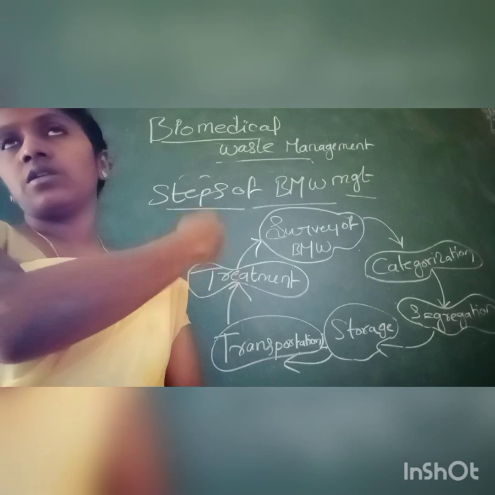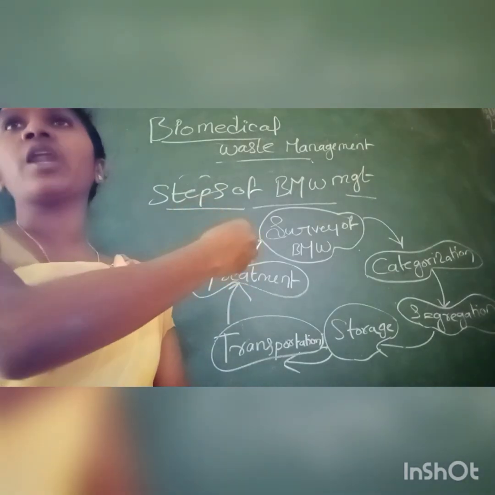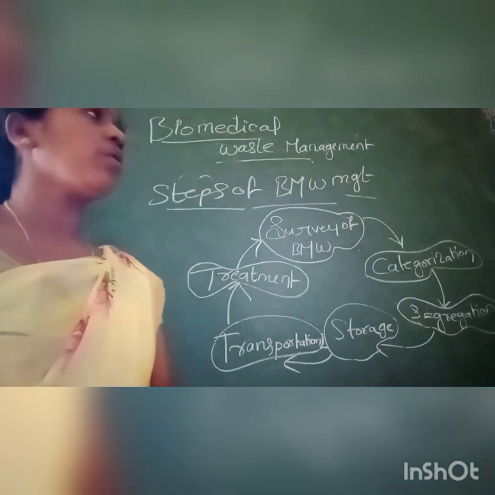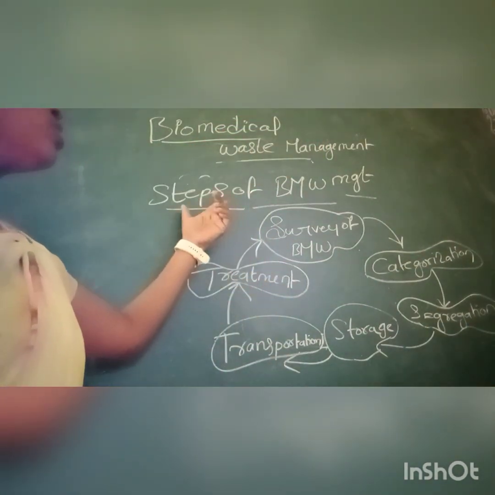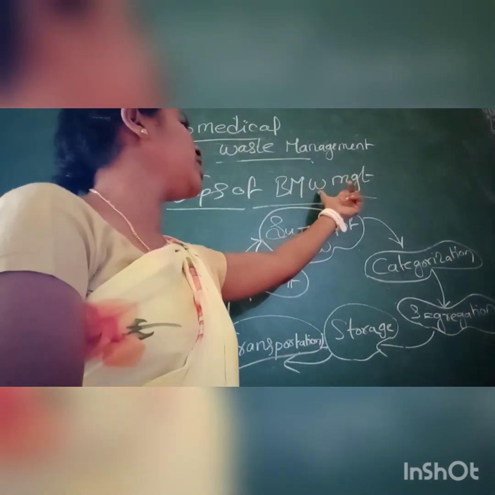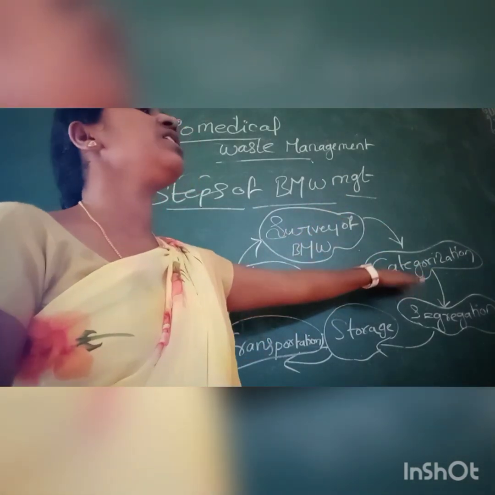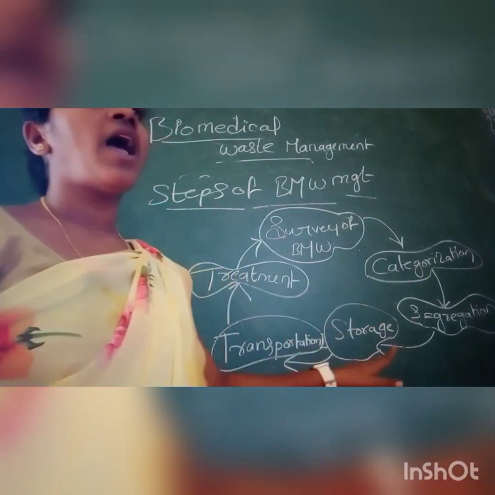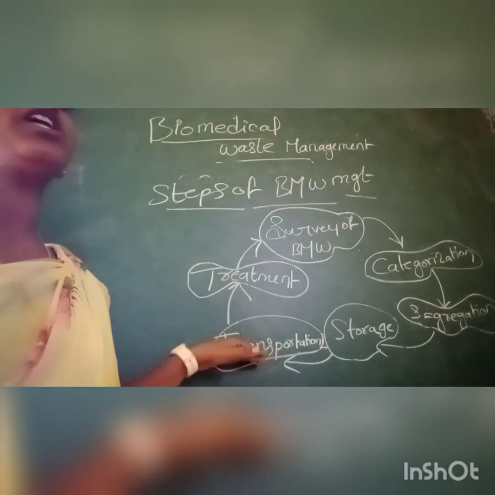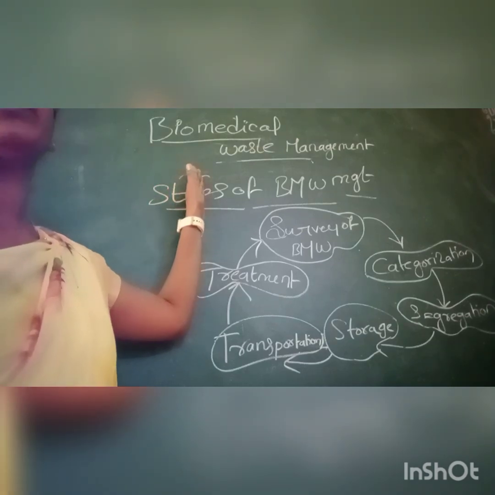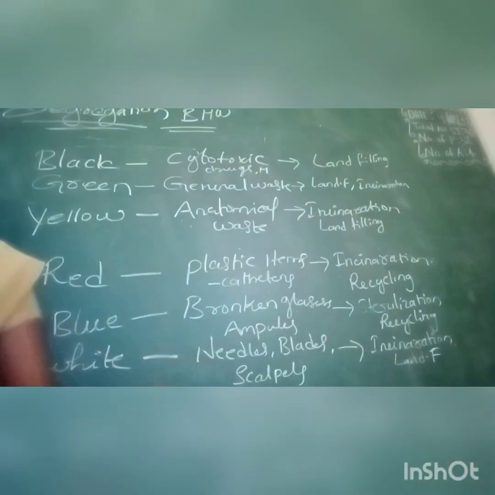I will discuss later which material goes for which treatment. For now, the steps of biomedical waste management are: first one, survey; next, categorization, segregation and storage, transportation and treatment. These are the steps of biomedical waste management.